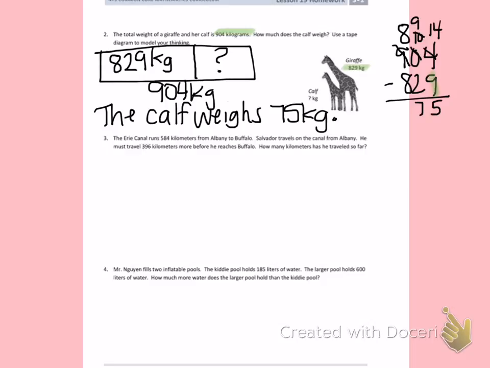Number 3. The Erie Canal runs 584 kilometers from Albany to Buffalo. Salvador travels on the canal from Albany. He must travel 396 kilometers more before he reaches Buffalo. How many kilometers has he traveled so far?